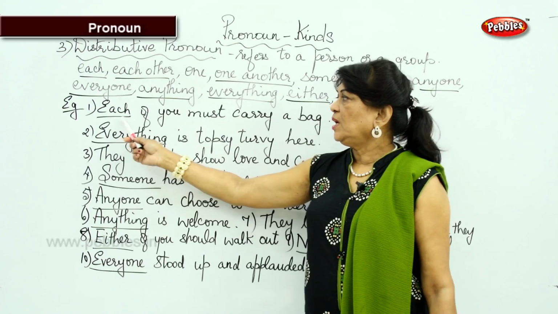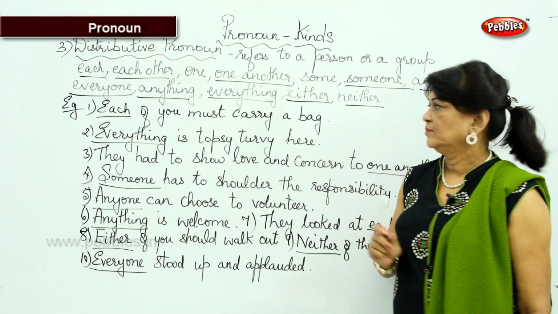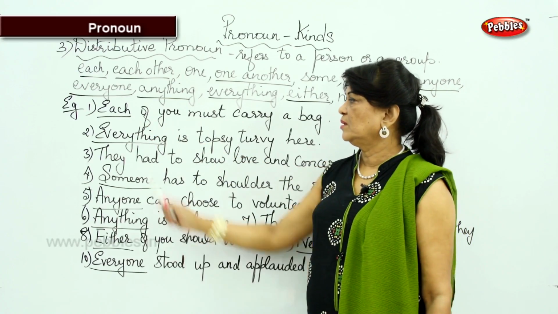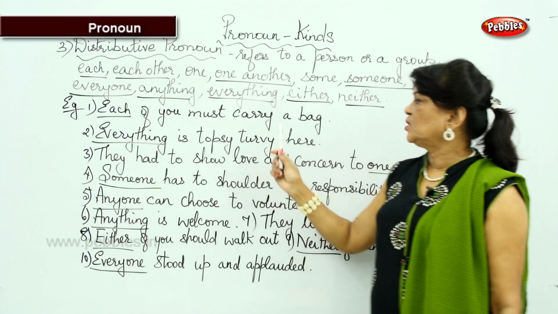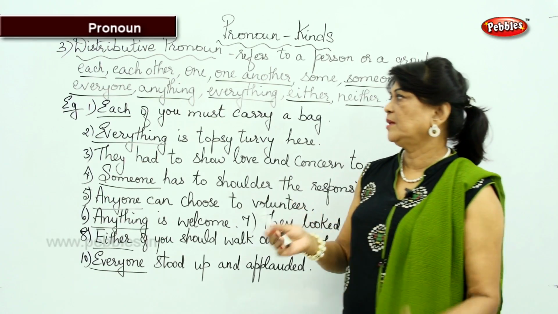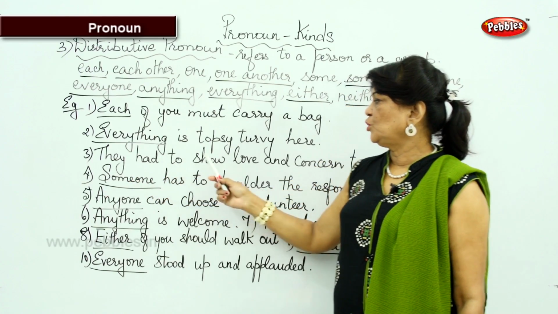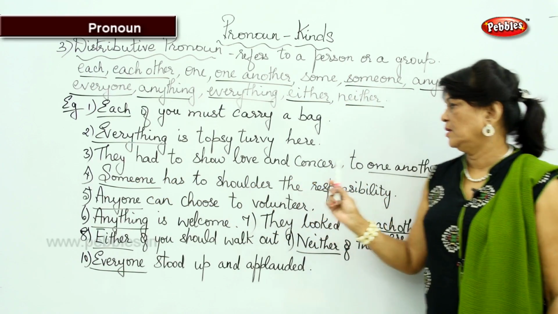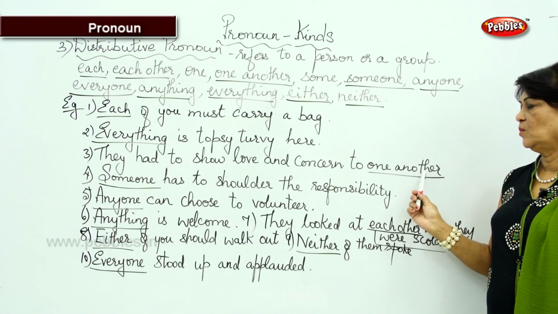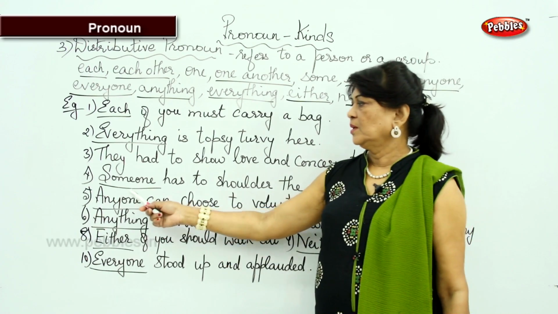First one. Each of you must carry a bag. Each I have used. Everything is topsy-turvy here. That is, everything is upside down. They had to show love and concern to one another. One another is a distributive pronoun.